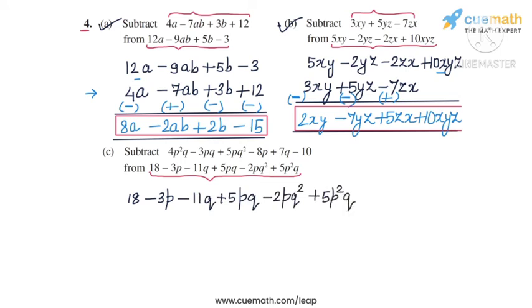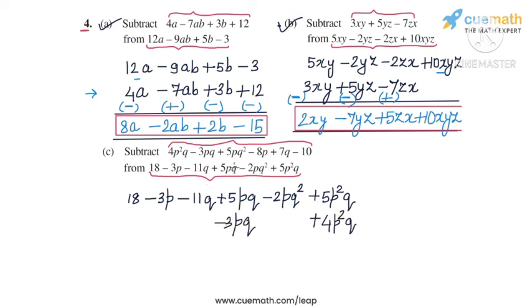And below this we will write this first expression such that the like terms are written one below the other. So the terms in the first expression are 4p square q, which we will write below 5p square q. Then we have minus 3pq, which we will write below plus 5pq.